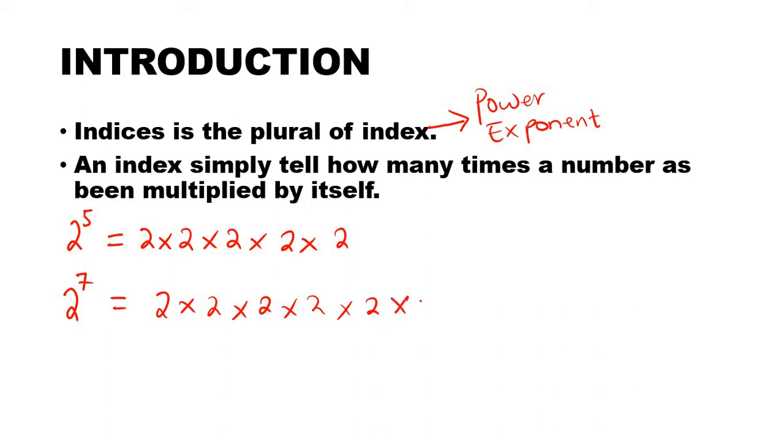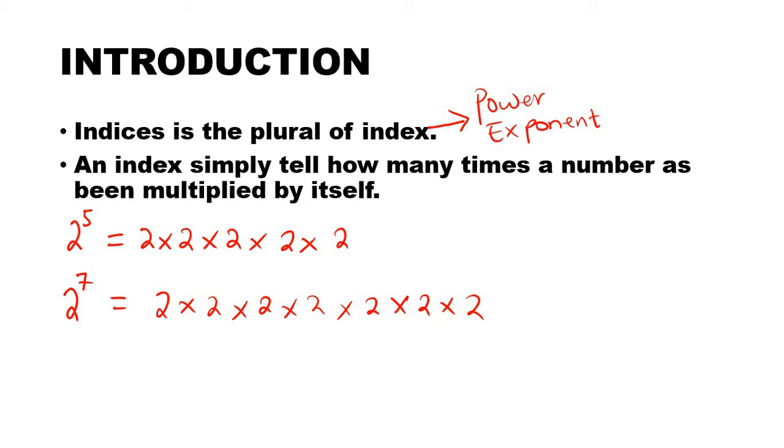Okay, 5, 6, 7. So that is what index is all about, telling us how many times a number has been multiplied by itself. So instead of multiplying it over and over and over, just raise it to that power of the number of times it has multiplied itself.